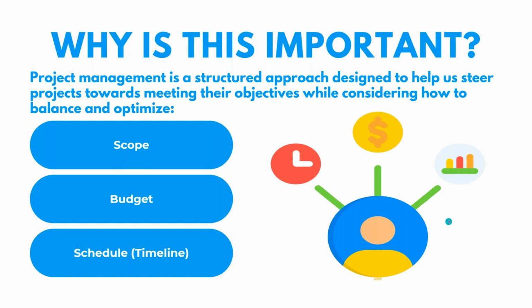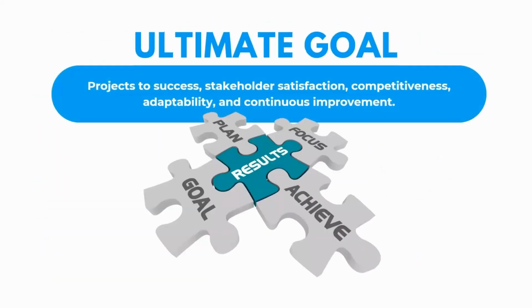Using project management tools like OnePlan, as you'll see on the next slide, is essential for project managers because these tools help us streamline tasks, aid resource allocation, provide real-time insights, facilitate communication, and enable proactive risk management.